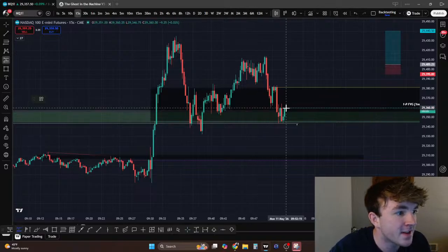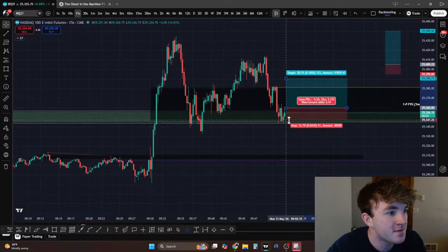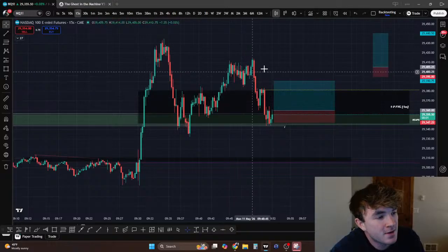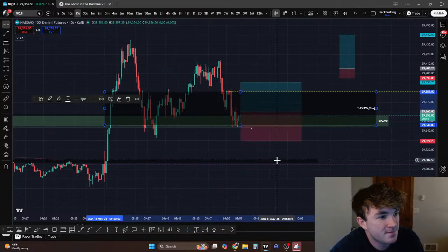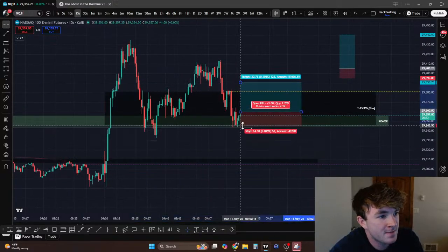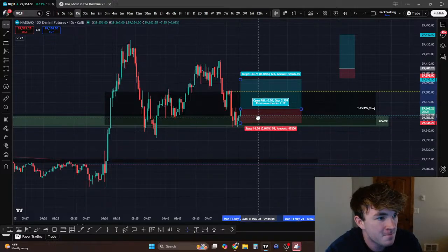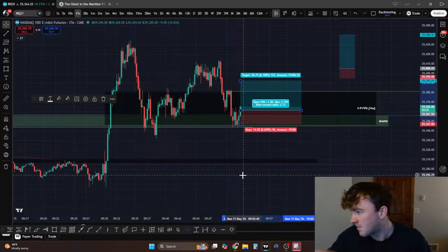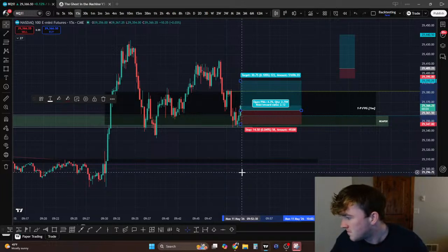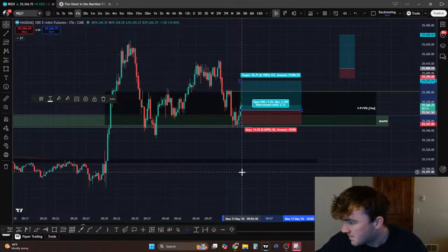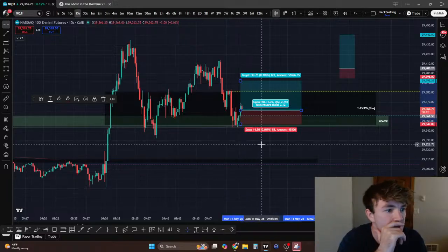We got an external gap, but this definitely could work out. But I think you'd want to wait for the external gap to not be there. But this could work out. Has the potential to.